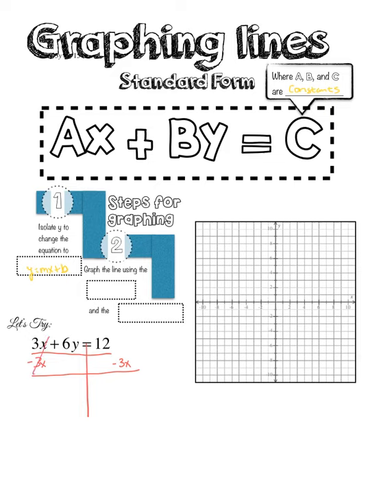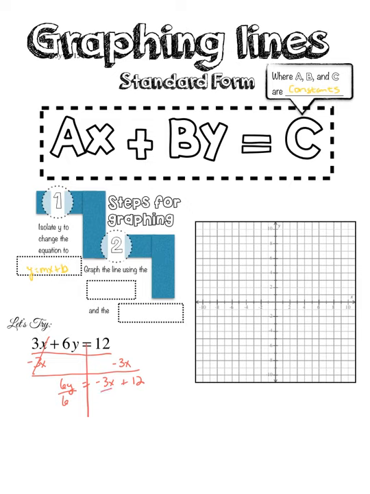Okay, my 3x goes away. I'm left with 6y equals, now I'm going to keep it in y equals mx plus b form, negative 3x plus 12. It's plus 12 because my 12 is positive.